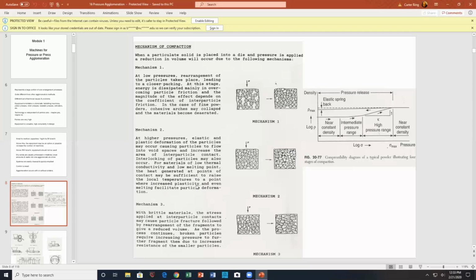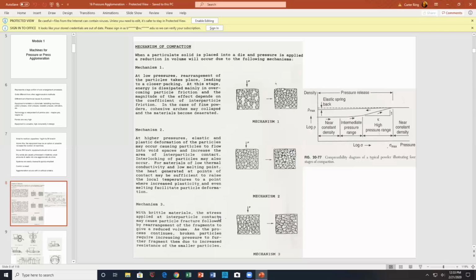Well, let's be honest, that melting facilitates particle deformation. So mechanism 1 is the input for mechanism 2. Particles deform, they may melt, plastic may flow. So you're in the intermediate range where some slight densification may be going on.